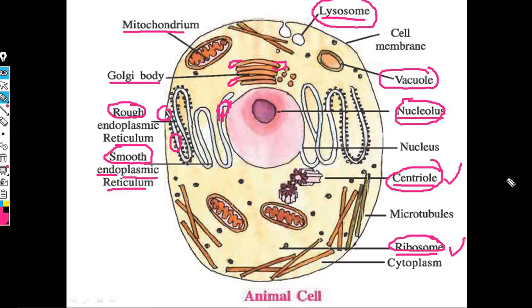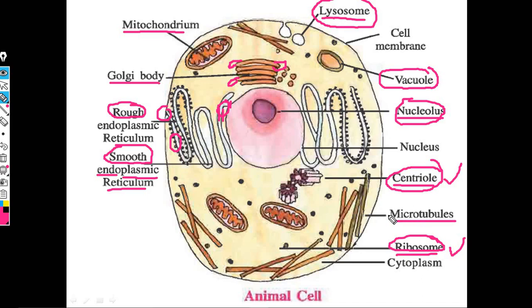Similarly, if someone asks which of the following is a double layer, two-membraned organelle, your answer will be mitochondria. If someone asks which are double-layered structures present in an animal cell, your answer will be mitochondria as well as nucleus. I hope it is clear. Okay, let's move ahead.